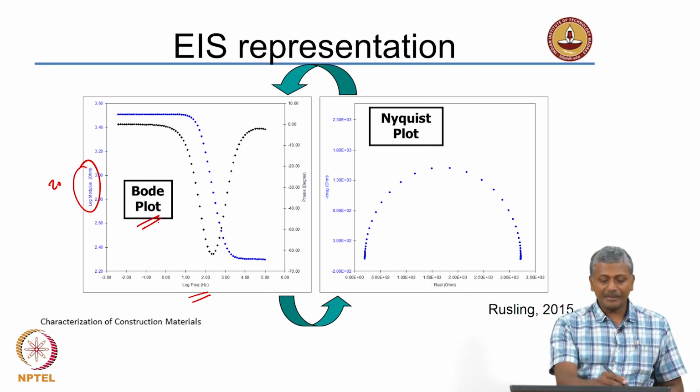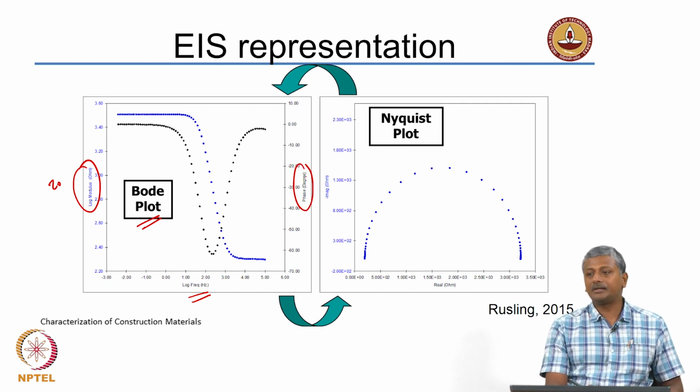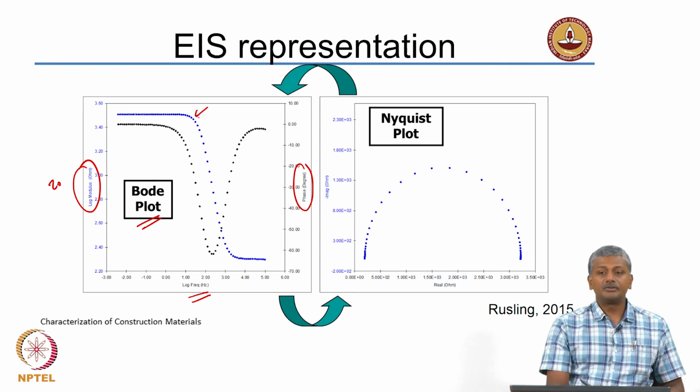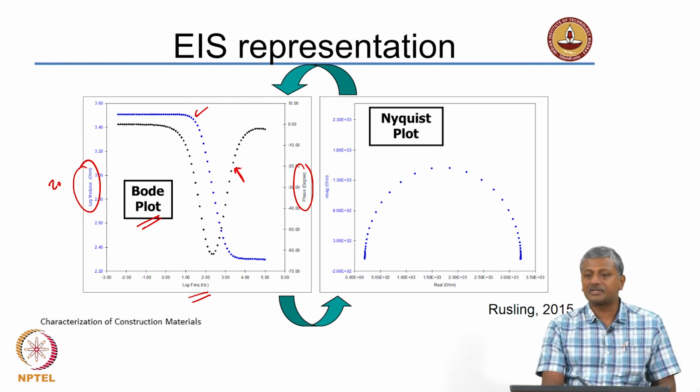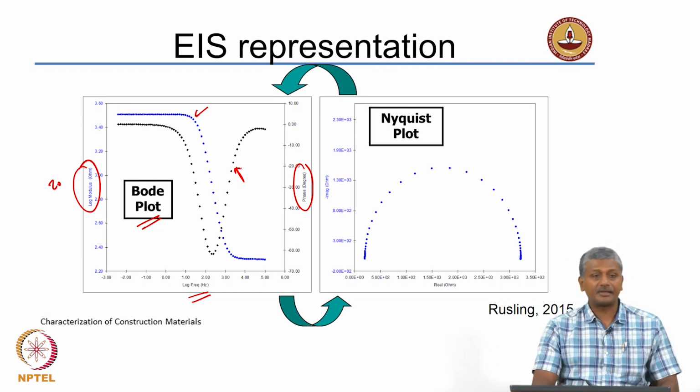On the same graph, on the second y axis, you also represent the angle theta or phi, that is basically the phase shift as a function of the log frequency. So, you see here the blue curve defines the change in the log modulus with frequency, the black curve defines a change in phase angle with frequency. So, this is one way of representing the data collected from impedance analysis.